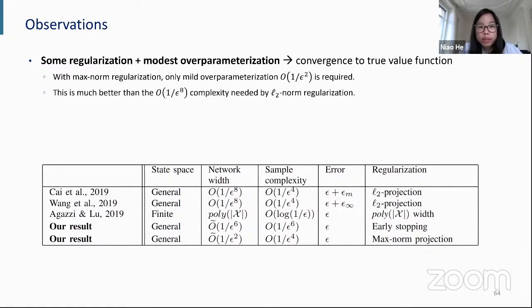And this is much better than the existing result provided in these two papers. They've shown that if you do L2 regularization instead of max norm regularization, you actually need many more neurons: 1 over epsilon 8 neurons.